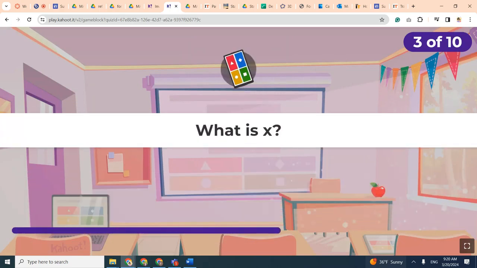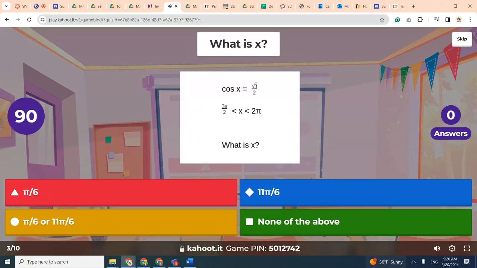Okay, again, what is x? Cosine x is √3 over 2. Find the x between 3 pi over 2 and 2 pi. You need to look at the picture of cosine.